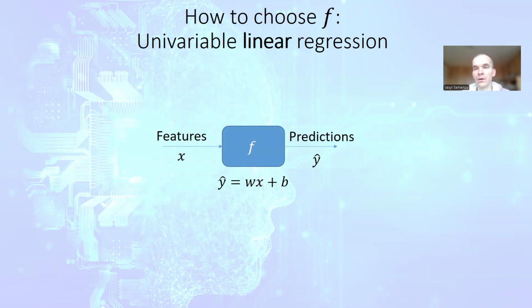So again, we are trying to make such a prediction or approximation y hat, which linearly depends on feature x. Wx plus b is the usual form to make a linear prediction based on input feature x.